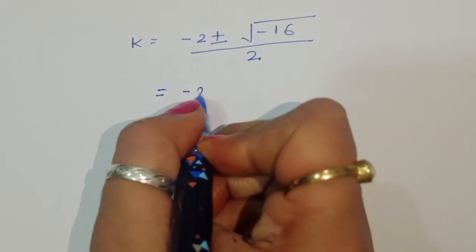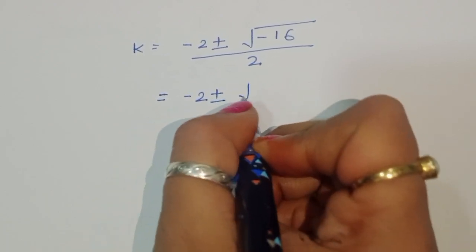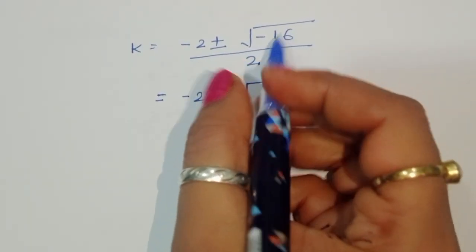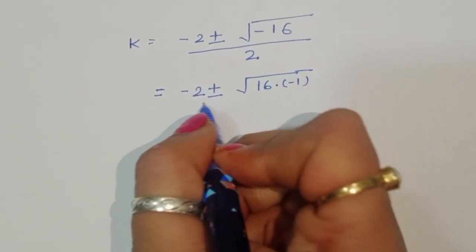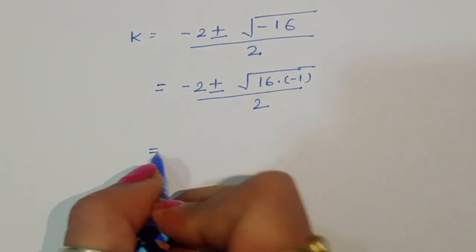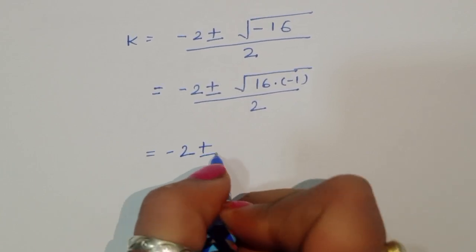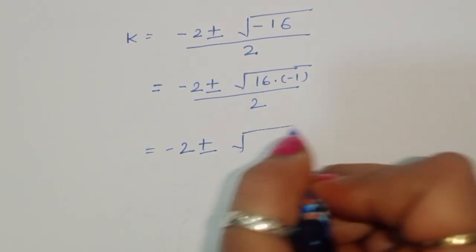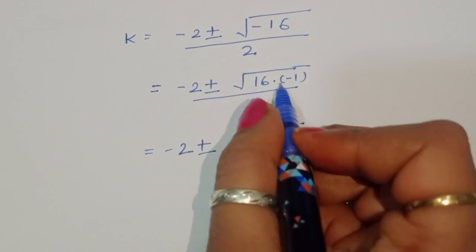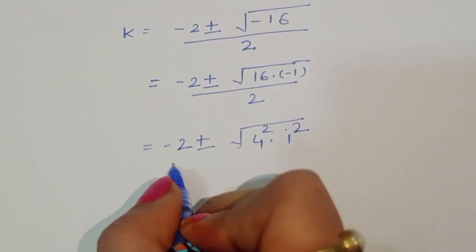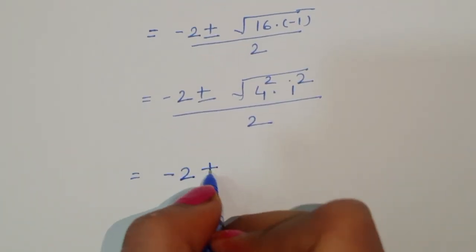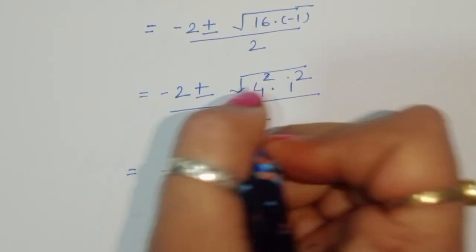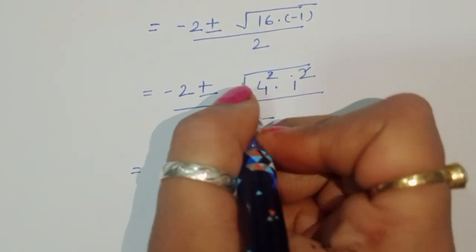Now 4 minus 20 is minus 16. So k is equal to minus 2 plus minus square root of 16 times minus 1, divided by 2, which is minus 2 plus minus the square root of 4 square times i square, divided by 2. The square is cancelled by the square root, and here also the square is cancelled by the square root.